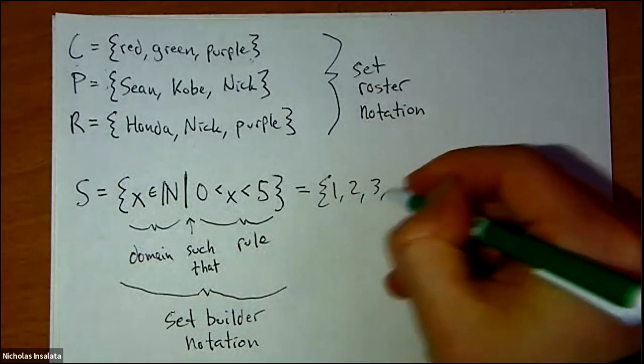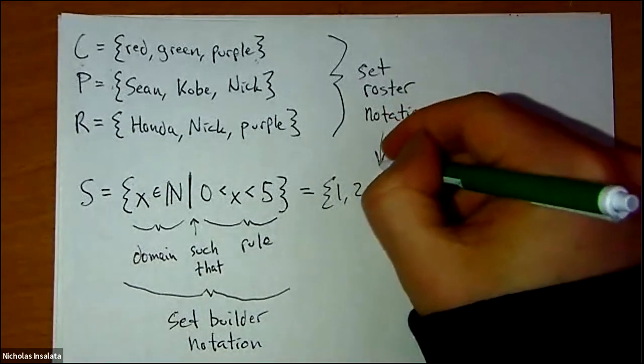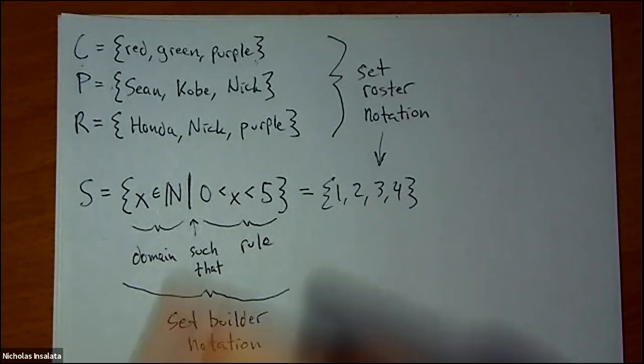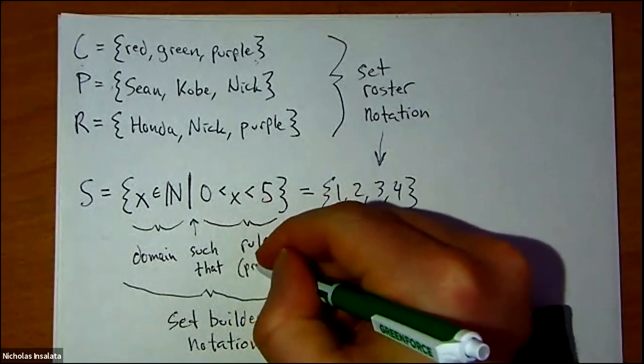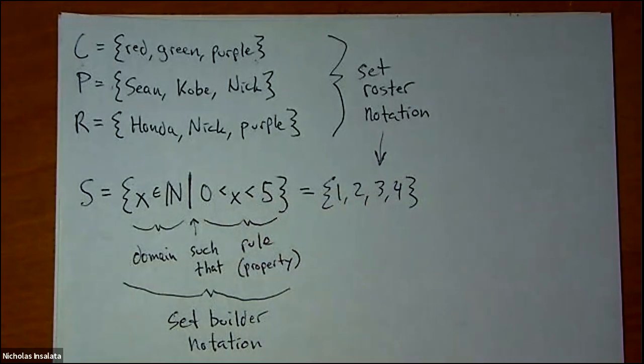Excellent. That again would be set roster notation. Okay, so there's two different ways of talking about sets. Cool. Instead of rule, your book calls this a property, say P of x for some property. I call it a rule, you can call it a property, same idea.